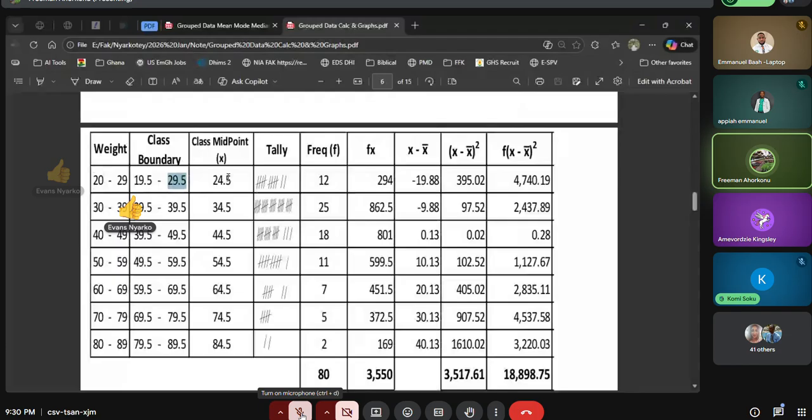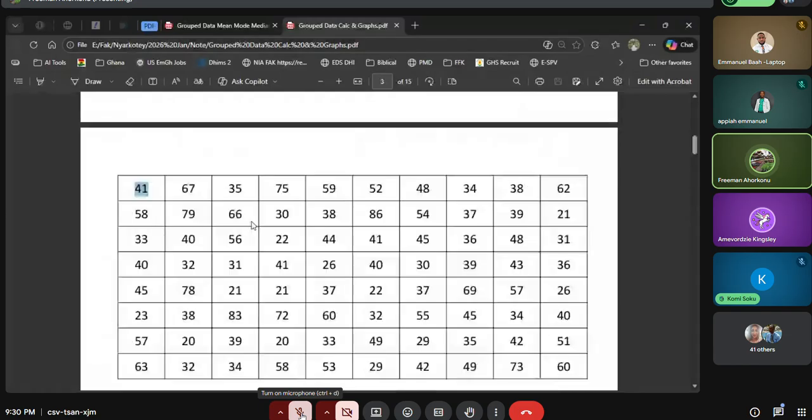Now we want to find the frequency. That is, we want to tally this data. When we see 41, we put a stroke against 41. This 41 belongs here, so we put a stroke here. Then we go again. The next number is 67.